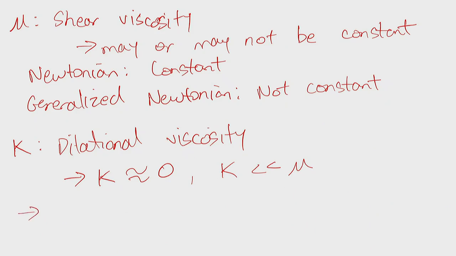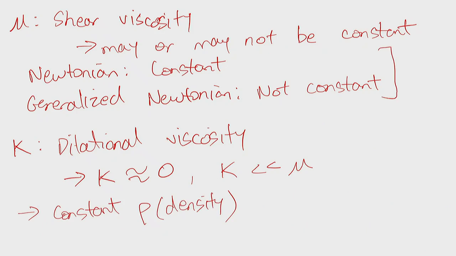The other simplification that we can make is for constant density fluids. One thing I should also mention here: whether the fluid is Newtonian or generalized Newtonian, rho is constant for both. So for constant rho, the additional simplification is that the equation of continuity reduces to 0.